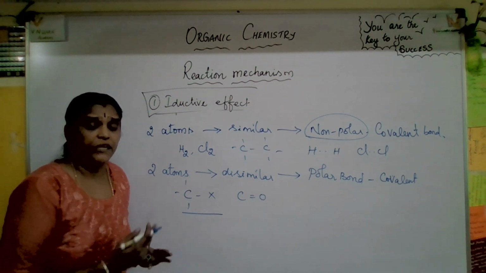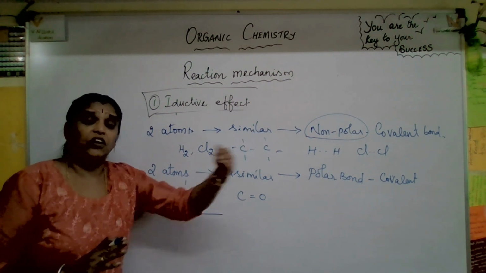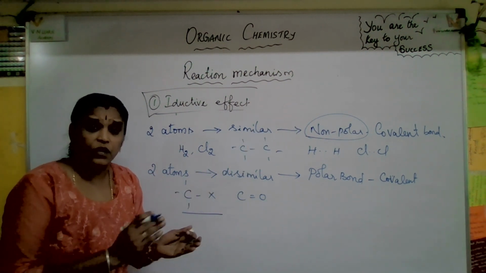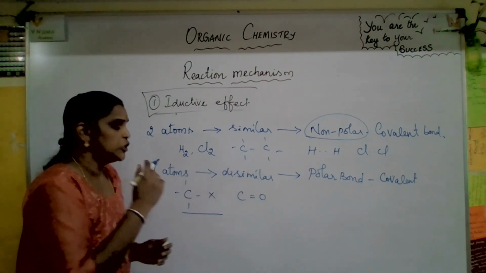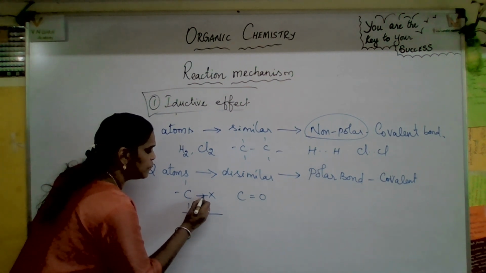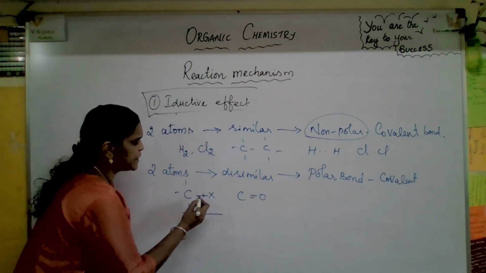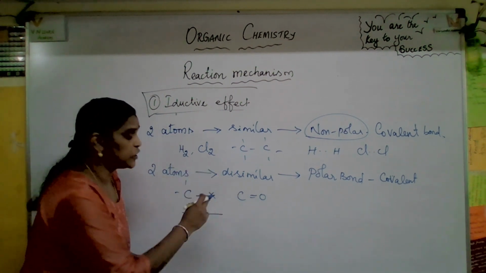Now what happens? Definitely electron displacement takes place. Electrons are displaced, that means the shared electrons go forward. Electrons from carbon go forward in the same way. The arrow mark goes forward to that halogen.